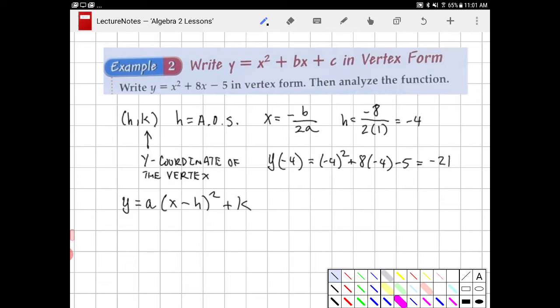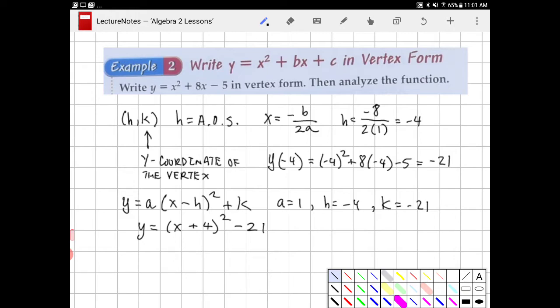Well, a is the leading coefficient from the original problem, so a is equal to 1. If a is equal to 1, h is equal to -4, and k is equal to -21, then the equation is y equals (x plus 4) squared minus 21.